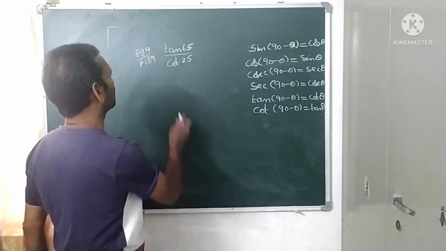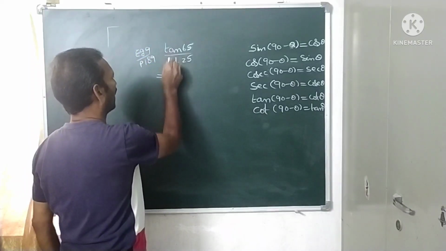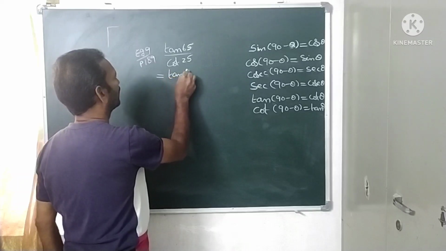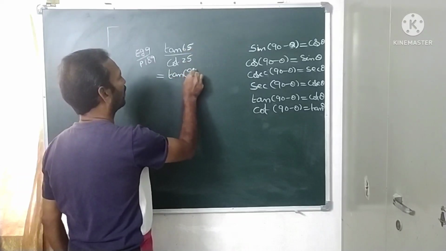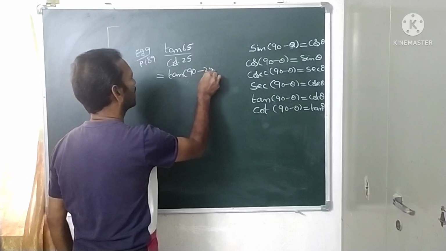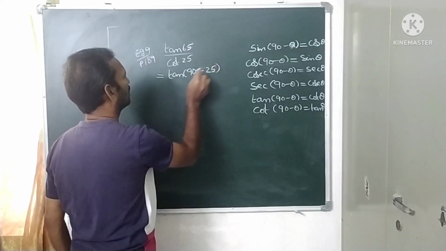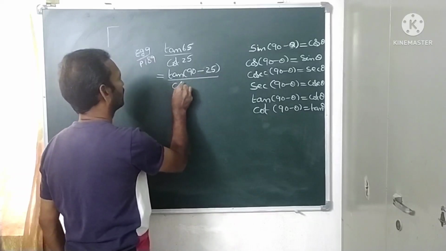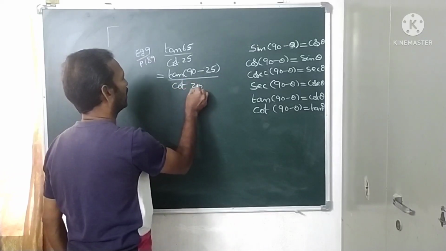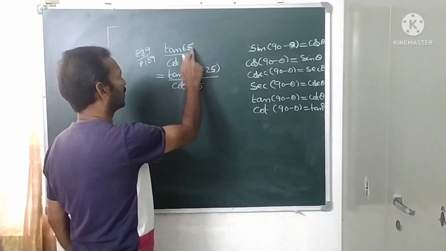Now I am changing the numerator: tan 65 is there, I am writing 90 minus 25, by cot 25. See, 90 minus 25 is 65.